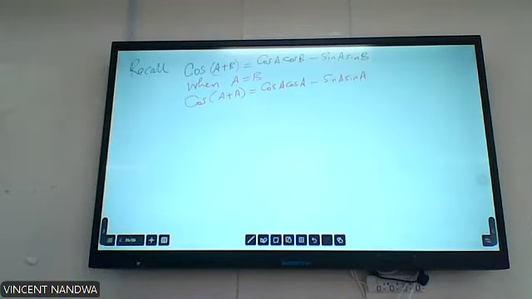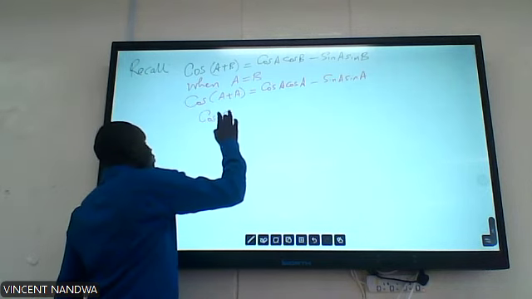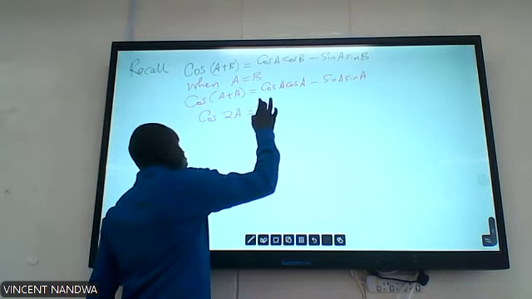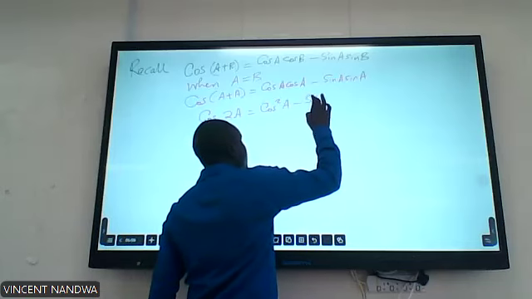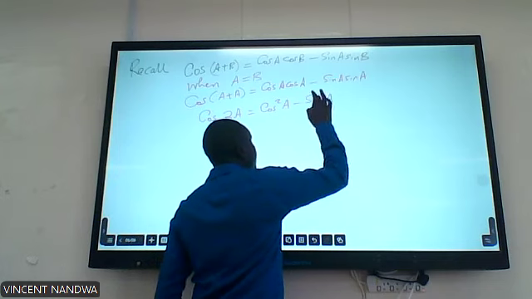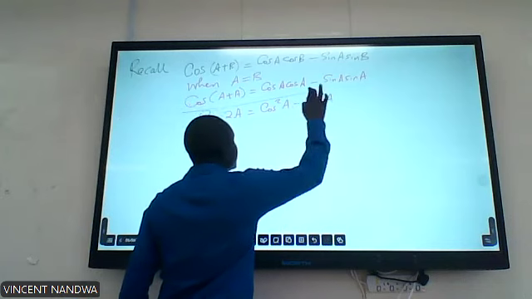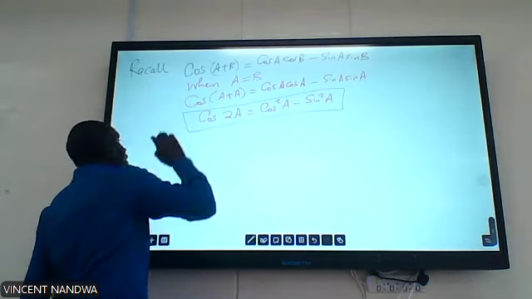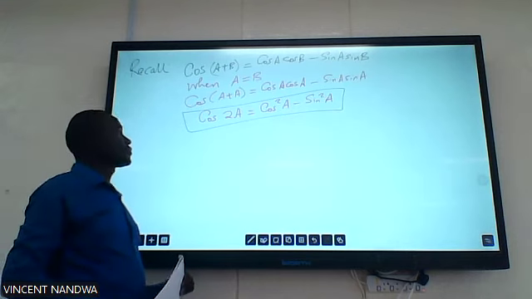So A plus A is 2A. So cos of 2A is cos squared A minus sine squared A. Add this to your toolbox. That cosine of 2A is the same as cos squared A minus sine squared A.